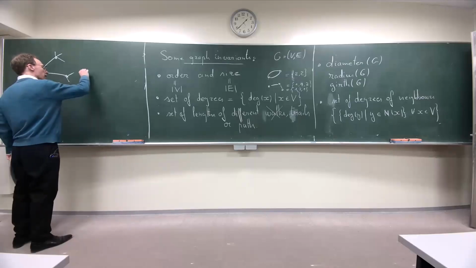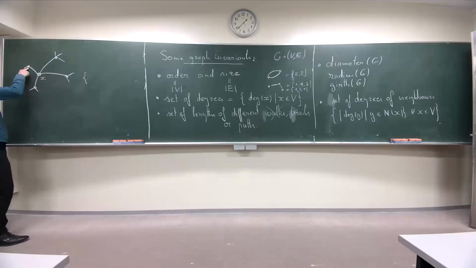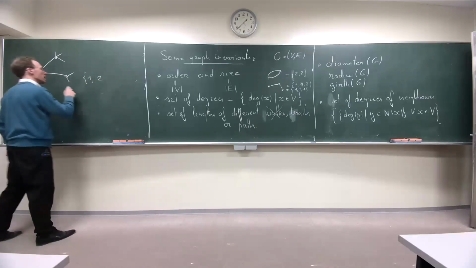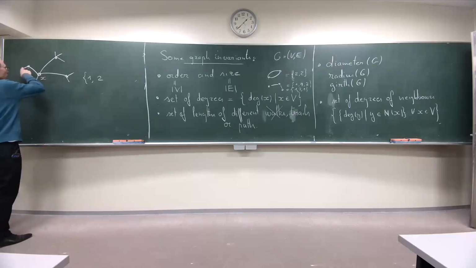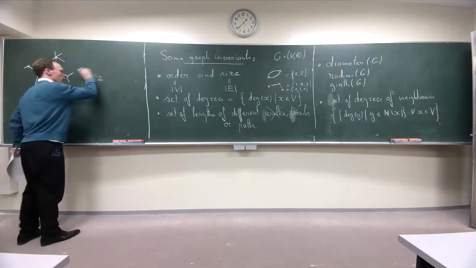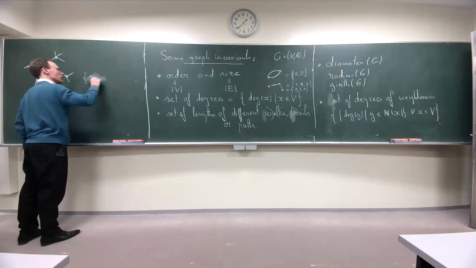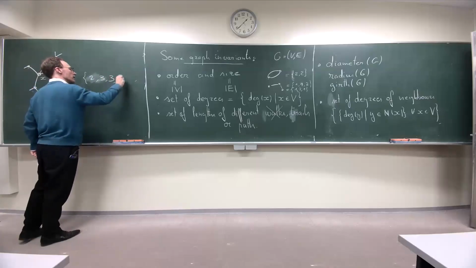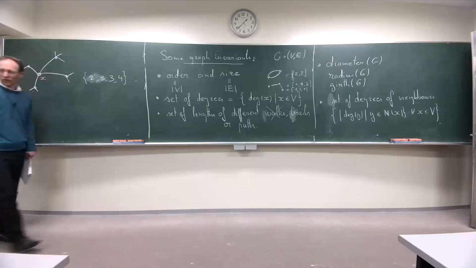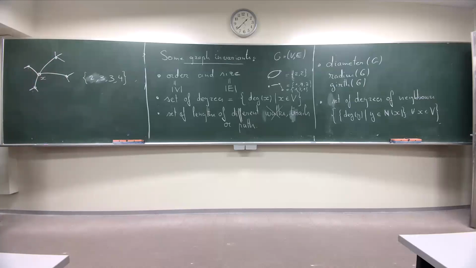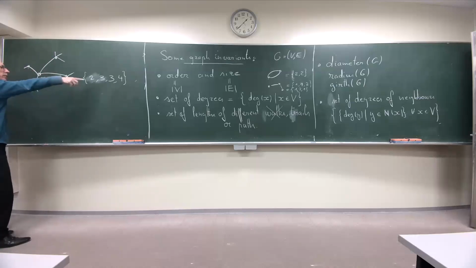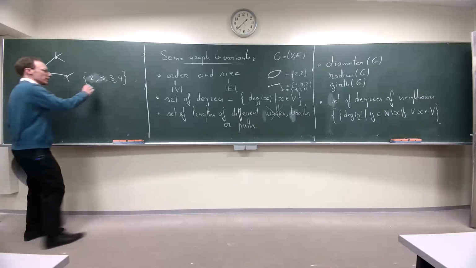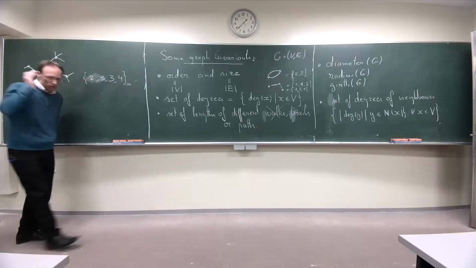The degrees are 2, 3, 3, and 4. This is for x. X has neighbors with these degrees.